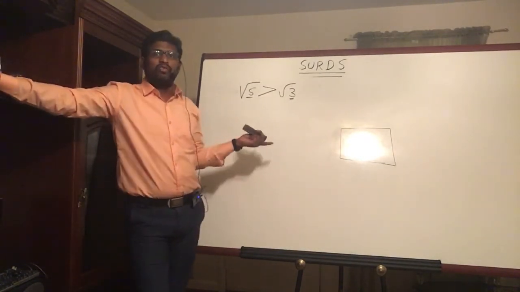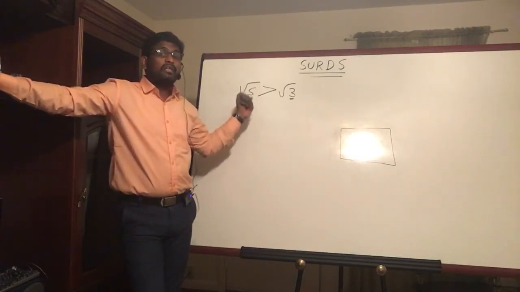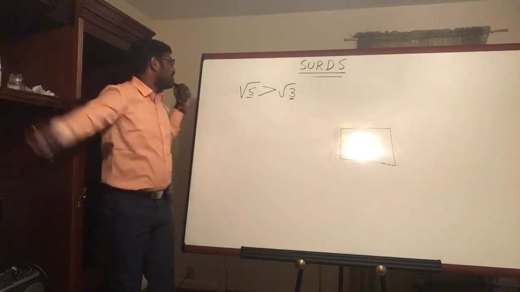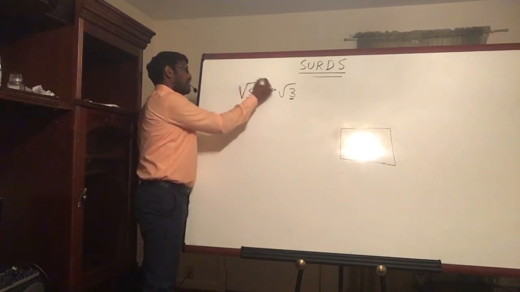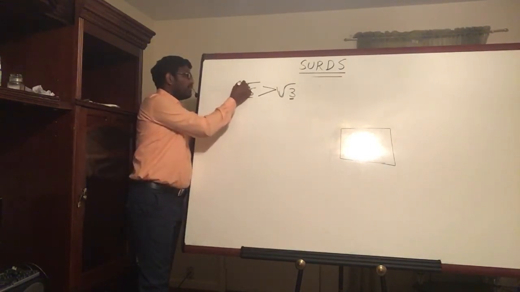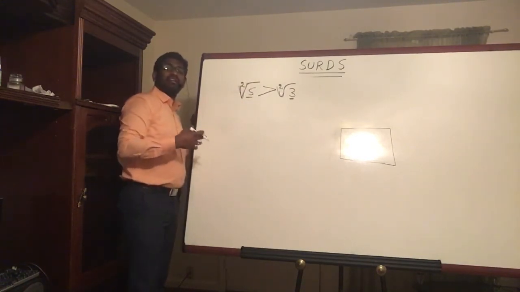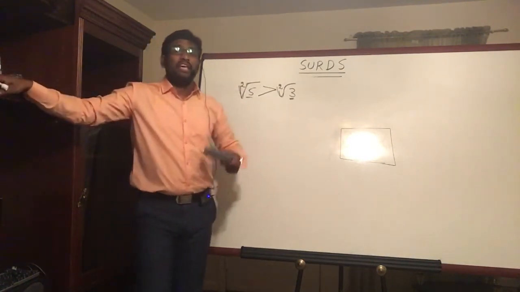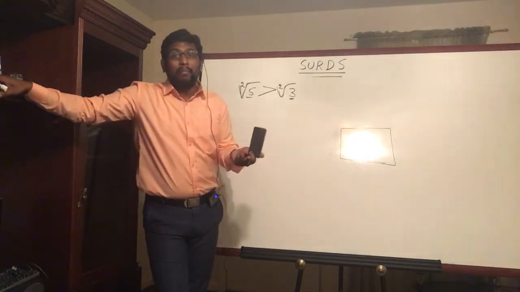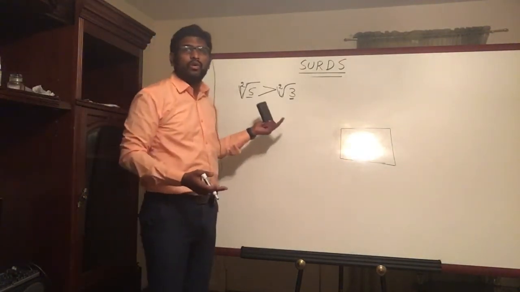You are able to compare these two very easily because both are square roots. Their radicals are the same, their order is the same, 2 and 2. The orders are the same, so they are easy to compare. That means equiradical surds can be easily compared.